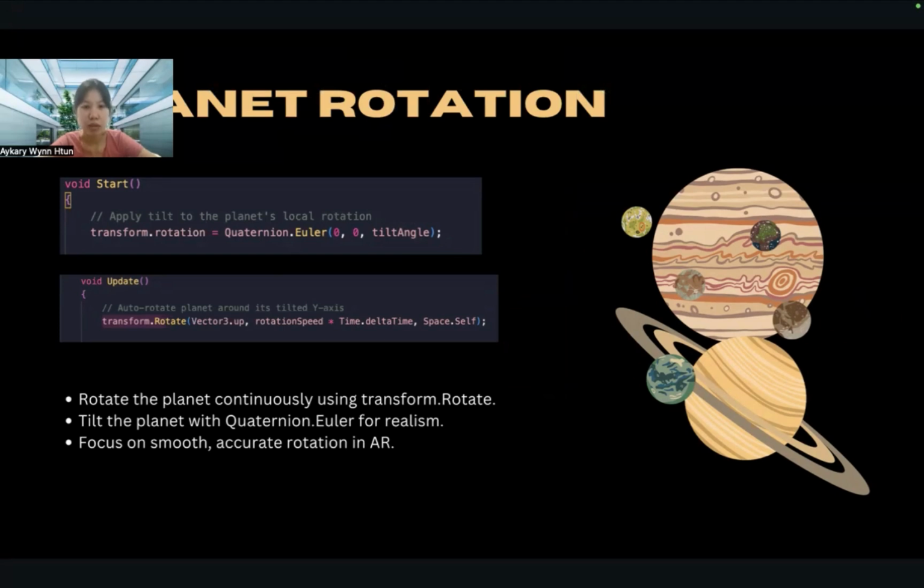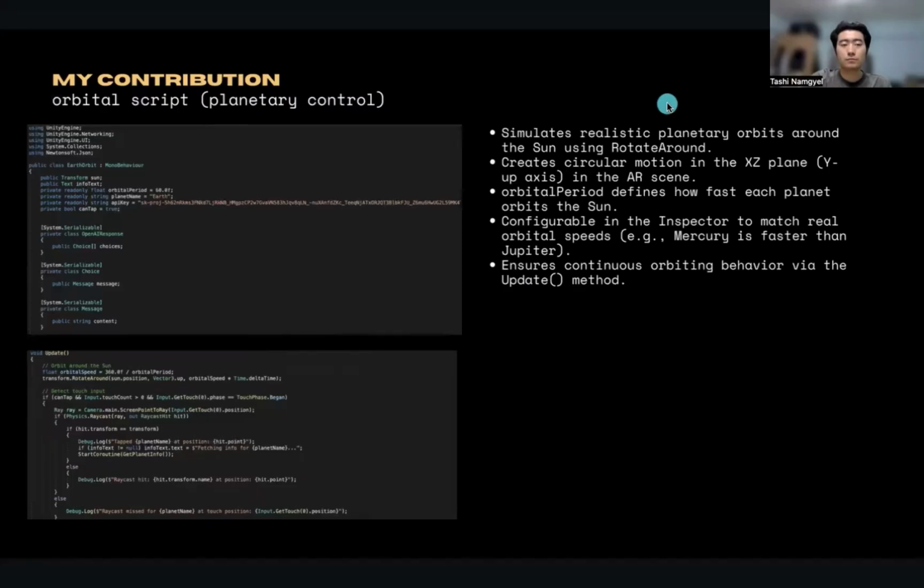To make it look realistic, I also tilt the planet at a set angle, like Earth at 23.44 degrees, using Euler. This simulates how real planets spin in space, and the script also includes a tap feature to get the planet info from ChatGPT. So the main part I worked on is making the rotation smooth, constant, and visually accurate for the AR experience. So that's all my part, and my friend will continue our presentation.